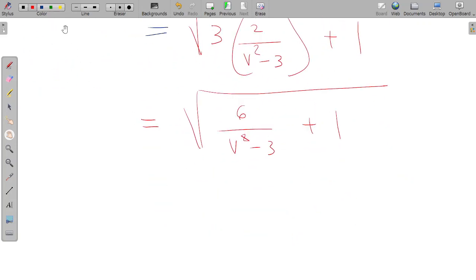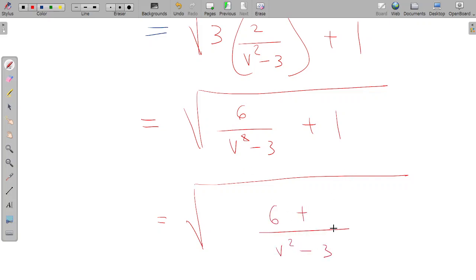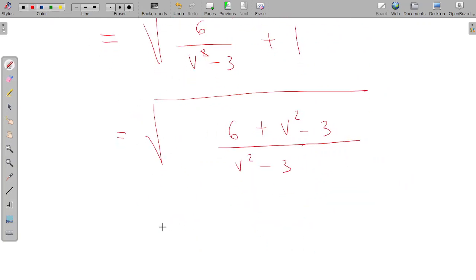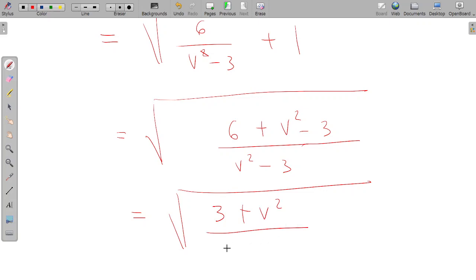So we need to find this as a single fraction. Then we have this times v squared minus 3. This is 6 plus the same thing, v squared minus 3. So simplifying that, we have square root of 3 plus v squared all over v squared minus 3. That's what we have there.